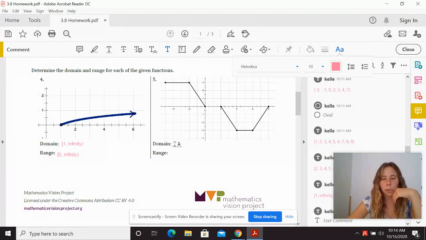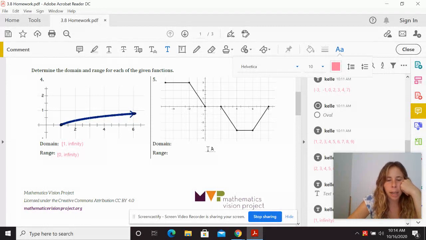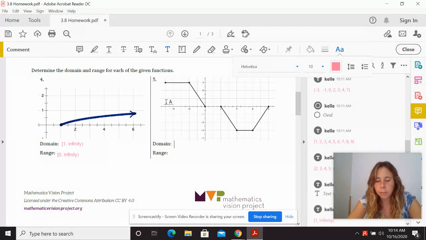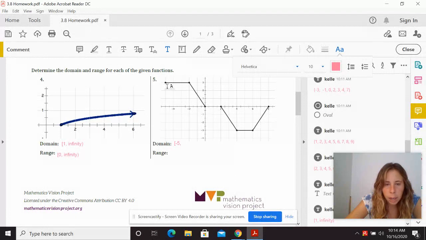This guy, ooh, fun. Domain of this guy. So we're looking at x values. So my lowest x value is right here, -5. And then we have a continuous line. I'm not picking up my pencil. It's a continuous line until x is equal to 0.